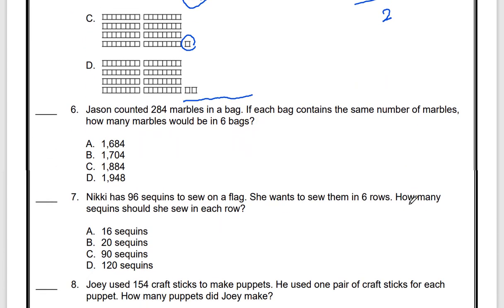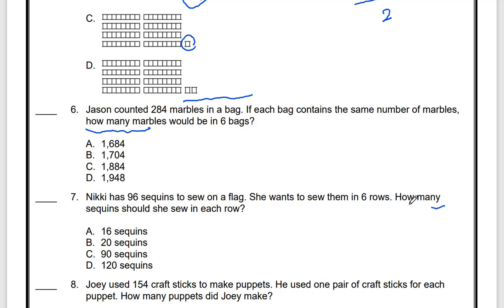So now you know how to understand what you should do. For this one, we should divide, not estimate. Why? Because in this question, if each bag contains the same number of marbles, how many exactly? So the question here is asking about the exact solution. And the same for the next one.